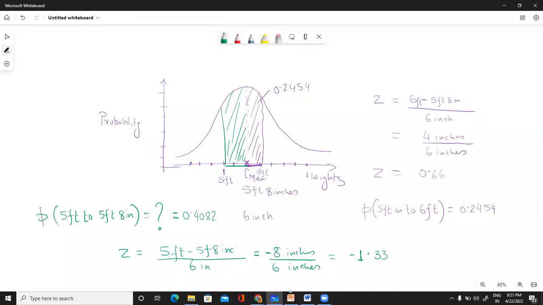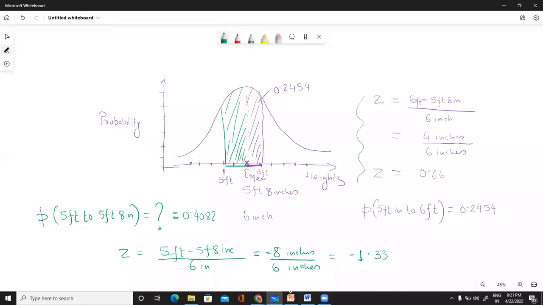We'll have to do the same process: find the Z value of 5 feet, then the area between 5 feet and the mean. Why two times? Because in the last two examples, we found the probability of getting a value between the mean, that is 5 feet 8 inches, to 6 feet.